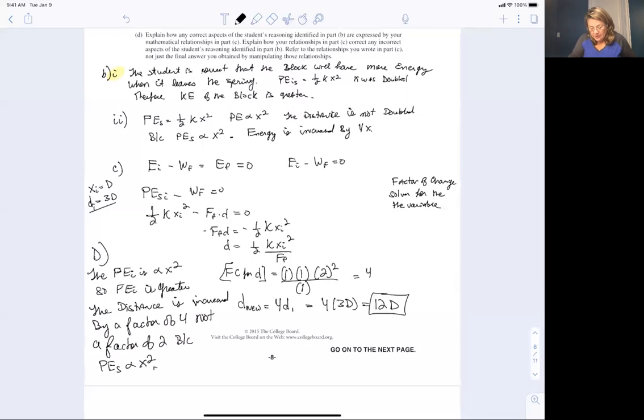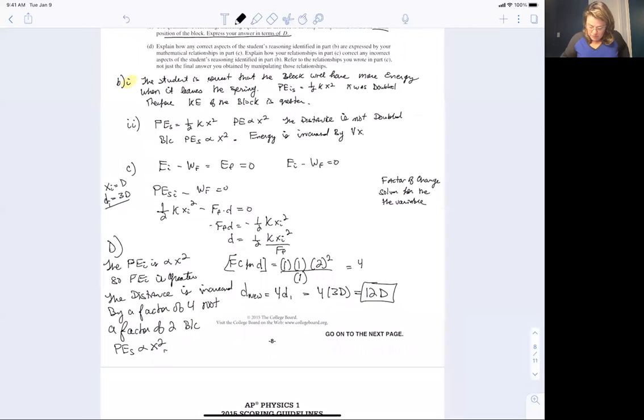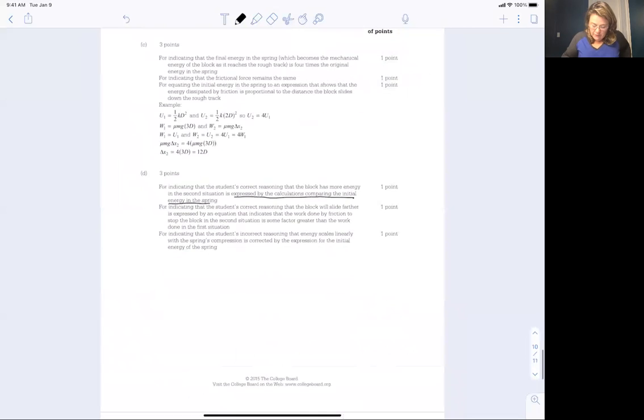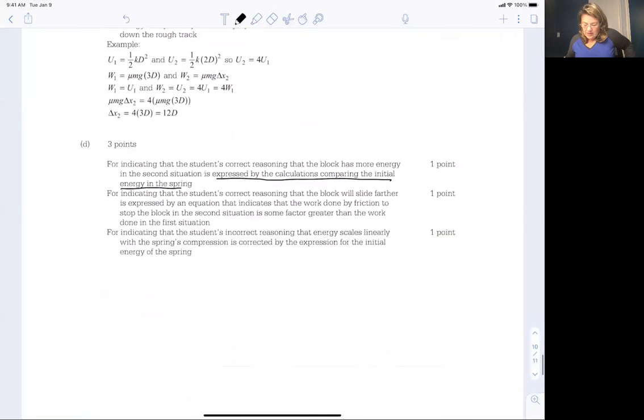So it's increased by a factor of 4, not a factor of 2. And for indicating that the student's incorrect reasoning that the energy scales linearly, it's not linear, it's by a factor of 4.